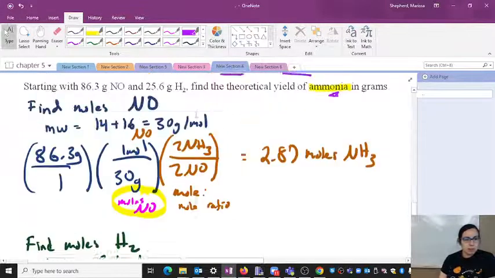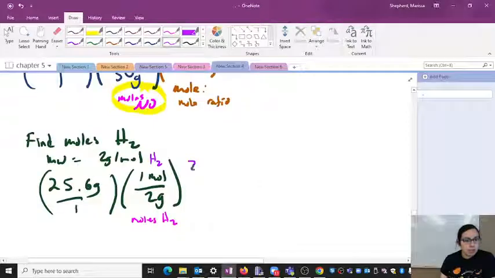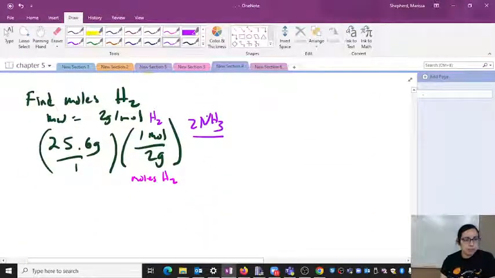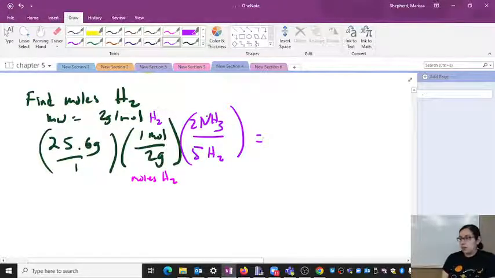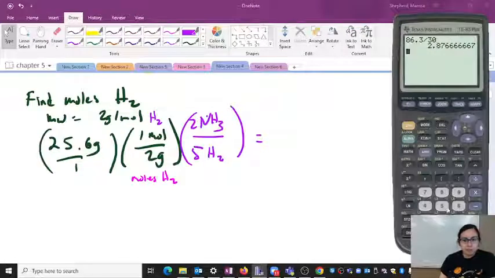And then which one goes on top? Yep, so then that means we'll get moles of ammonia on top. And so they're in a 2-to-5 ratio, so 5 moles of H2. Let's see what that gives us.